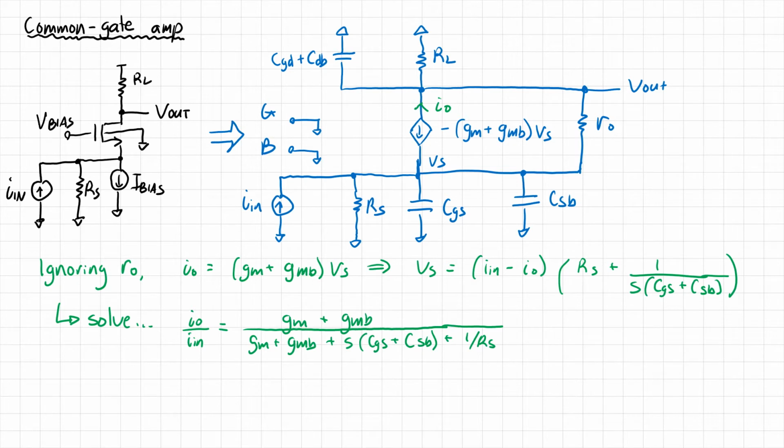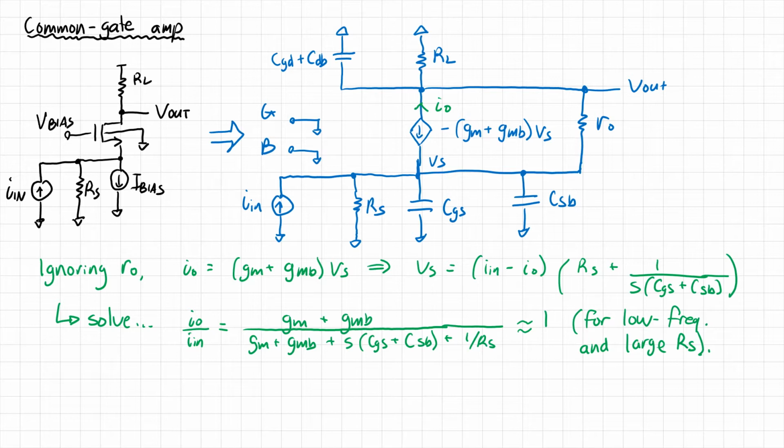And if our device is small or our frequency is low, our capacitive term will basically be pretty small as well. So this is going to be roughly equal to 1. Okay, so again, this is, I should say, for low frequency and large RS.